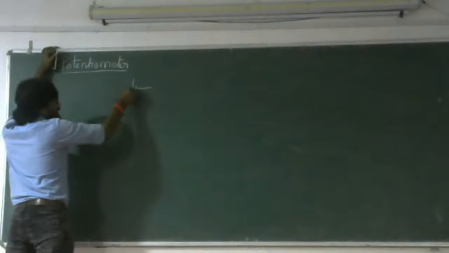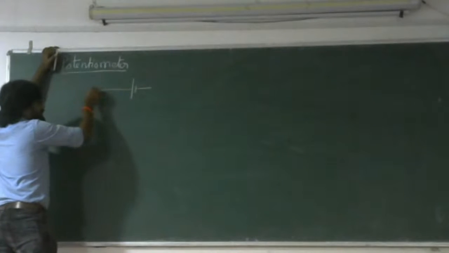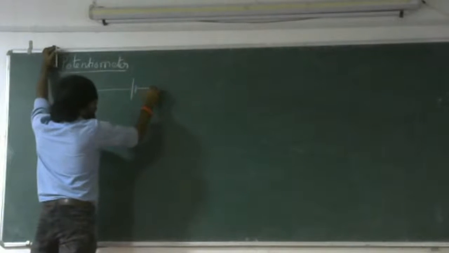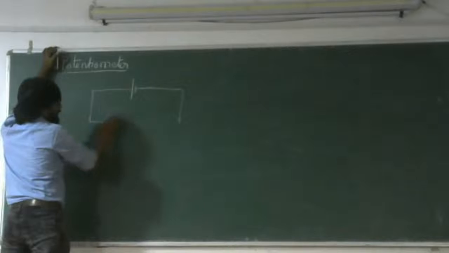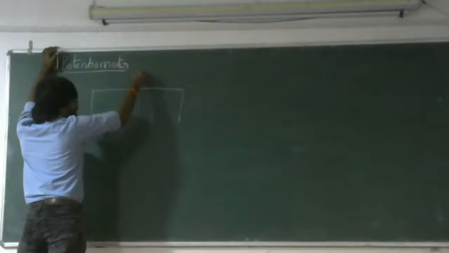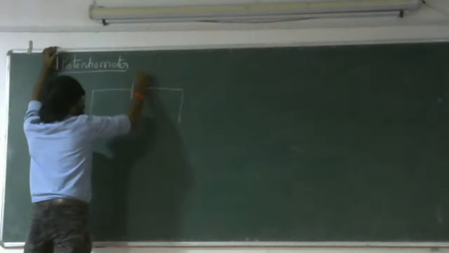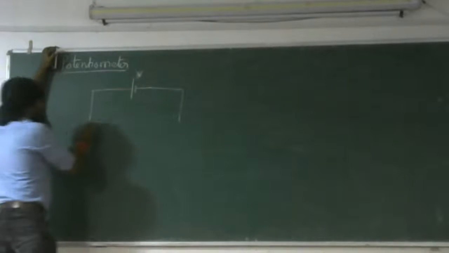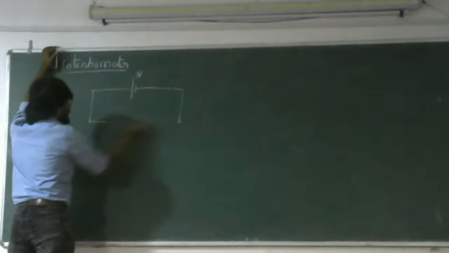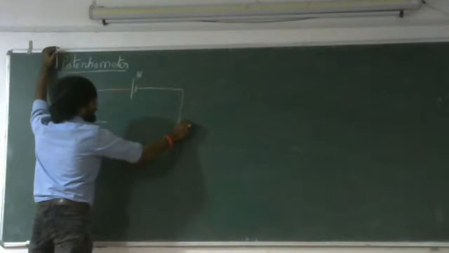It will have some internal resistance, and it may have some EMF, or you can say the potential V, whatever it is. Here, this is connected between these two terminals, let us say A and B.